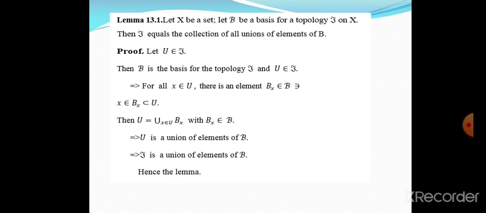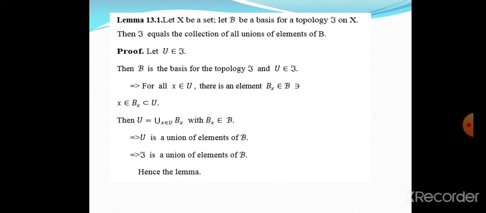Proof. Let U belong to tau. Then what do you have to prove? Script B is a basis for the topology tau, and U belongs to tau.